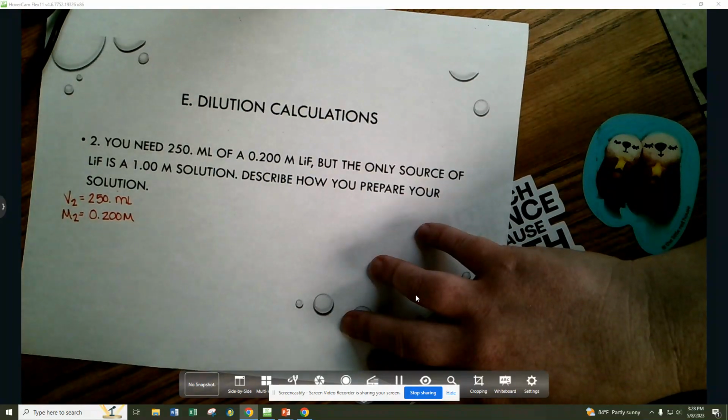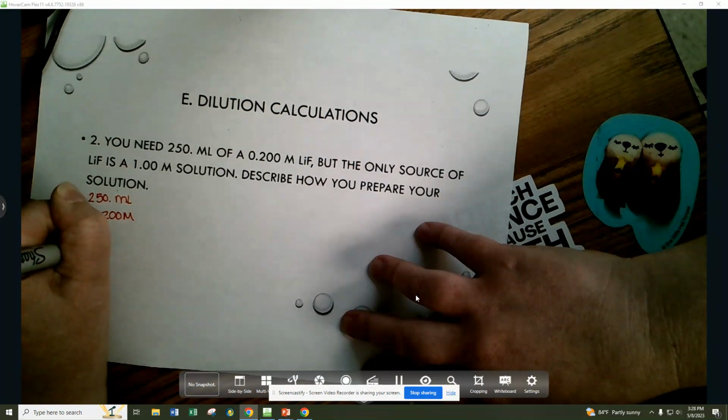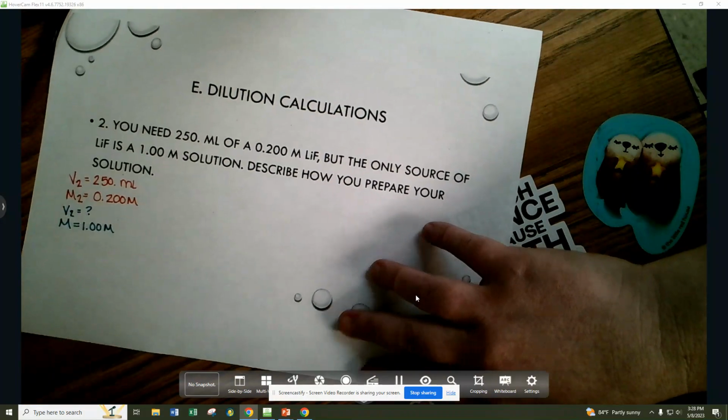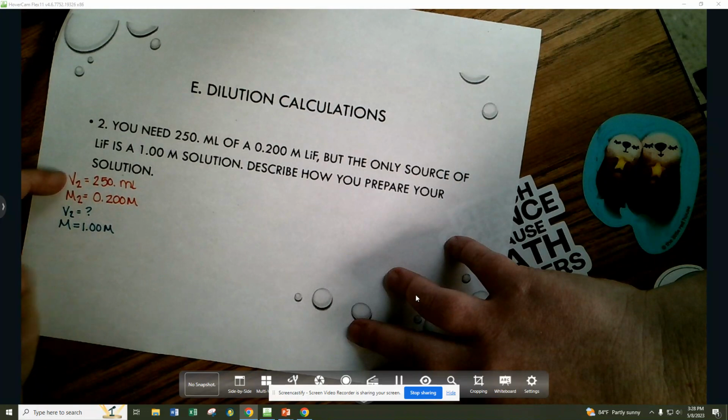I know that it starts out concentrated at 1 molar, and I don't know how much of this I need to water down to create a solution of this strength at this amount.